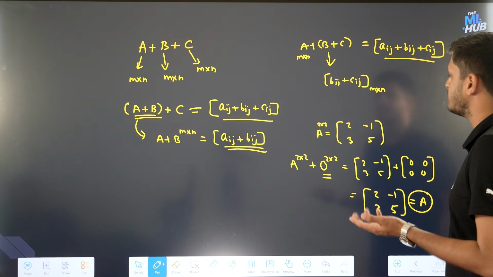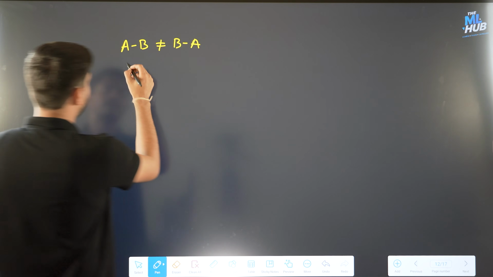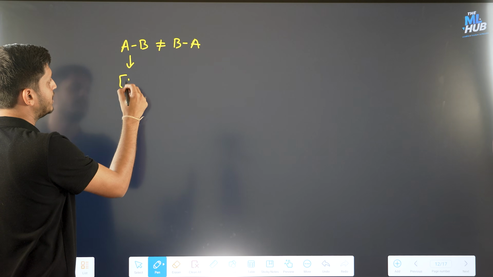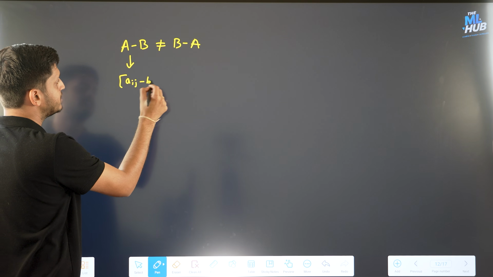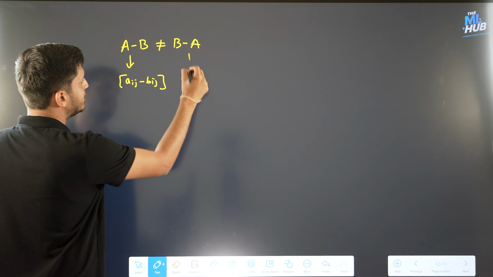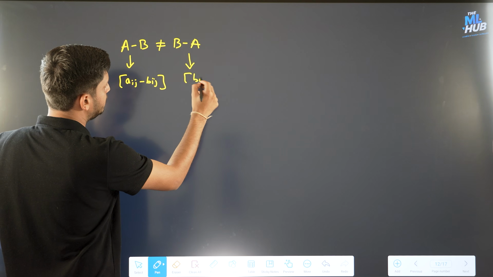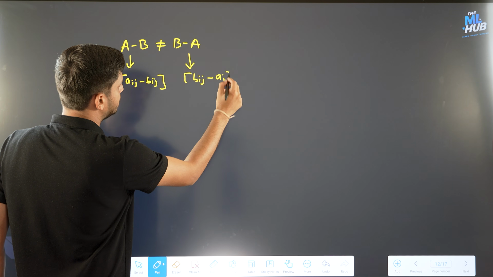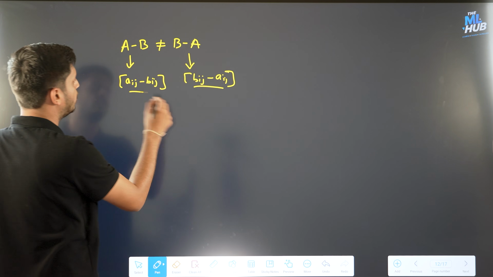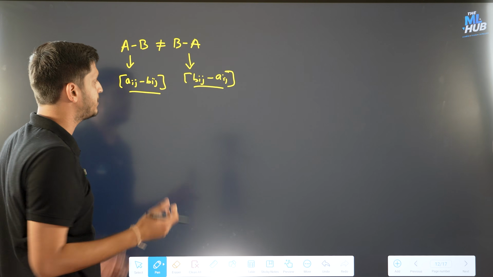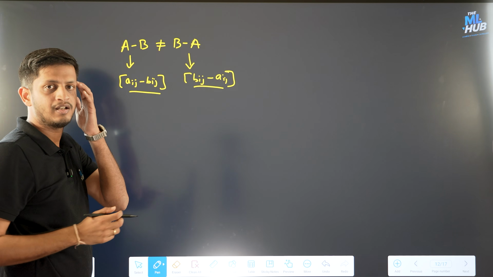And the reason is very simple. I think everyone understands, because here the ijth element will be Aij minus Bij, and here the ijth element will be Bij minus Aij, and these two values need not be equal in math, right? For any two numbers you cannot say that these two values are equal.